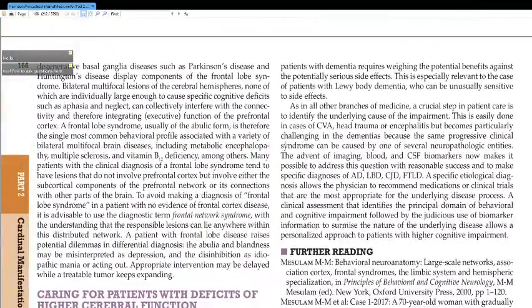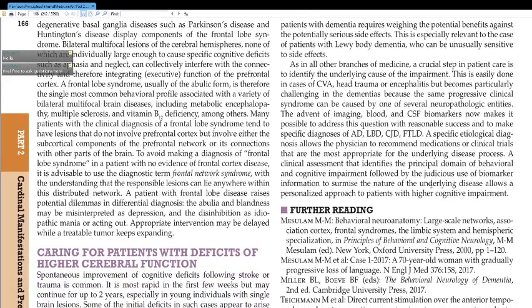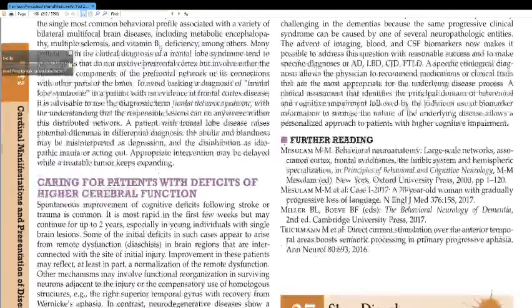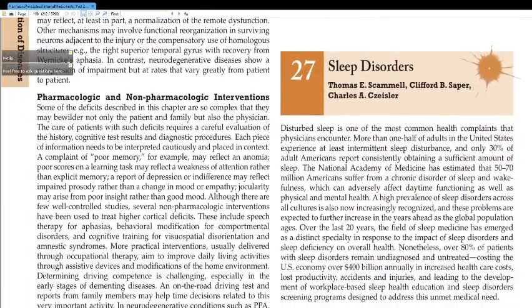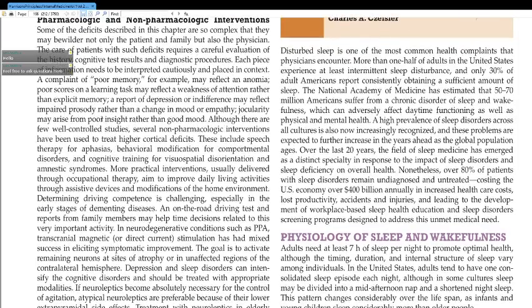Neuroleptics and all. What is the treatment for prefrontal lesions with those behavioral changes? They haven't talked about that.